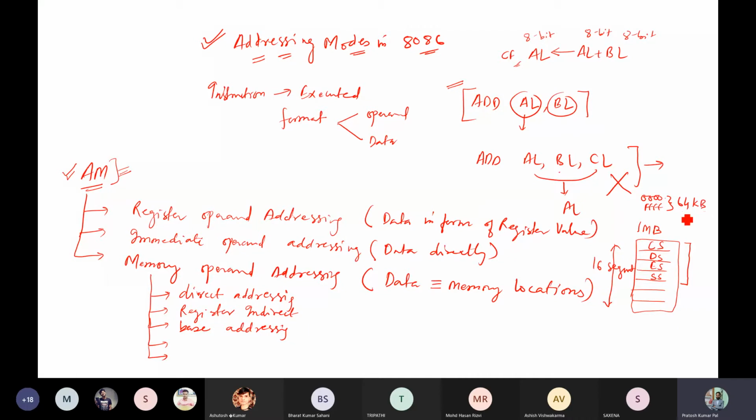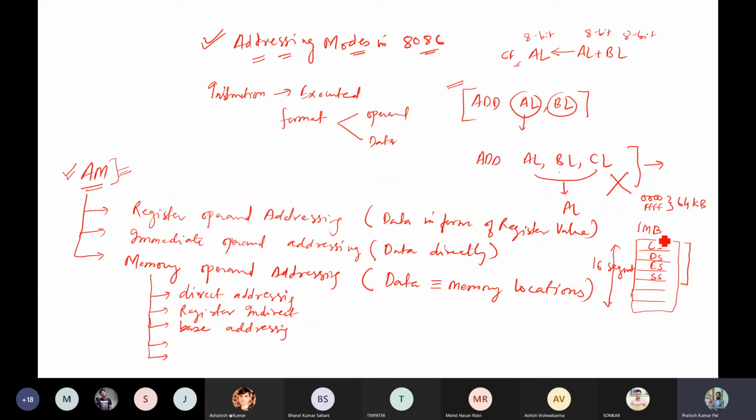So a total of 4 segments will be there at a time, so we have 4 segment registers. These 4 segment registers define the 4 segments out of the 1 MB memory of 8086. We can change the segment register values to define different segments out of the 1 MB, and out of these 16 segments we use only 4 at a time.